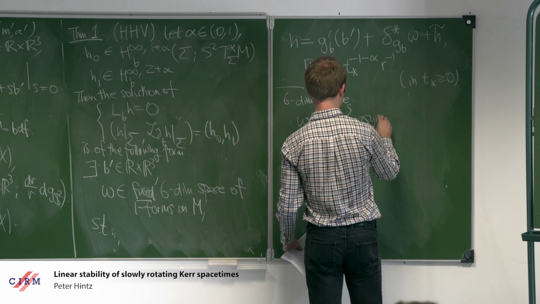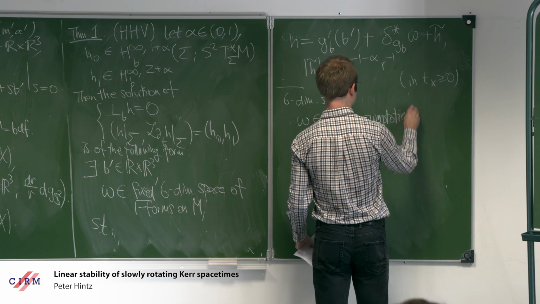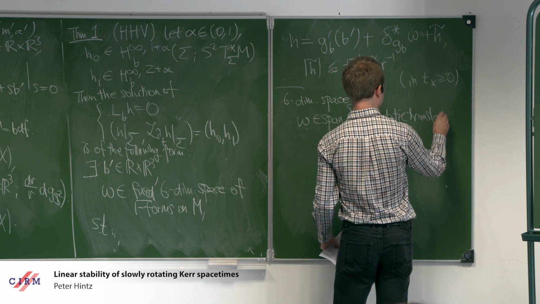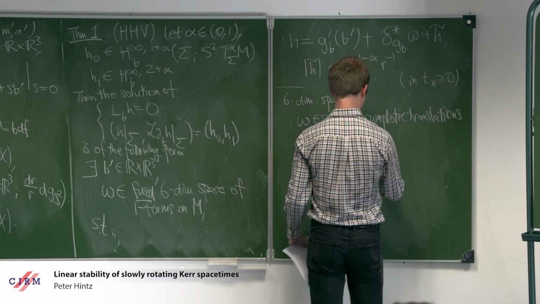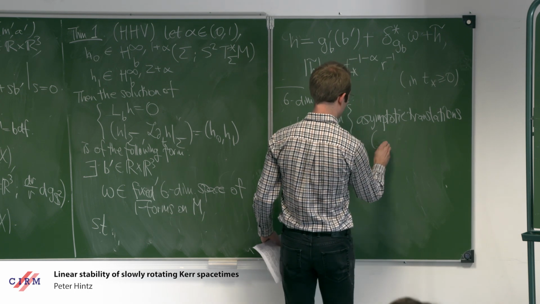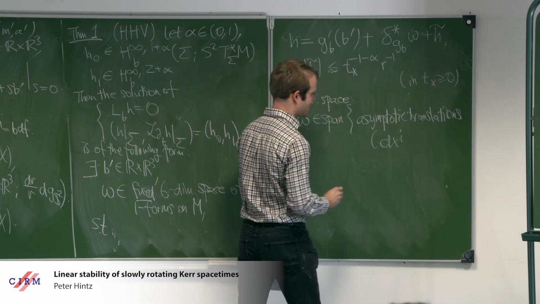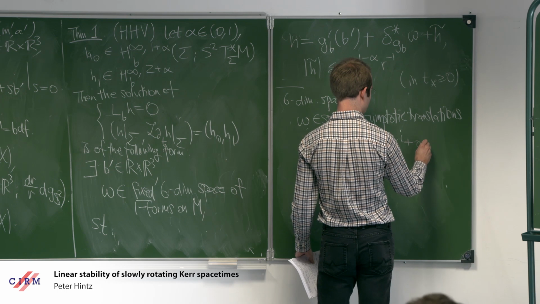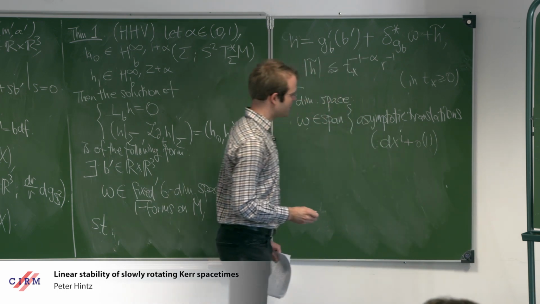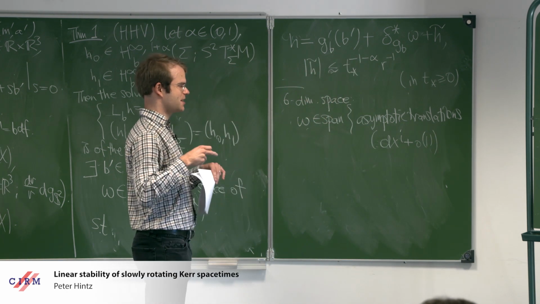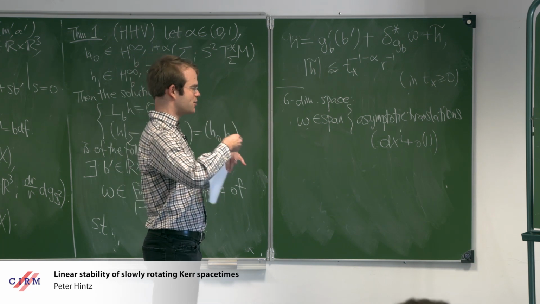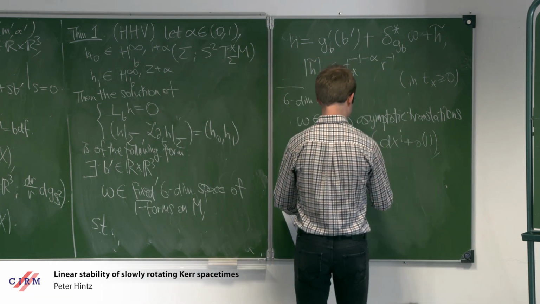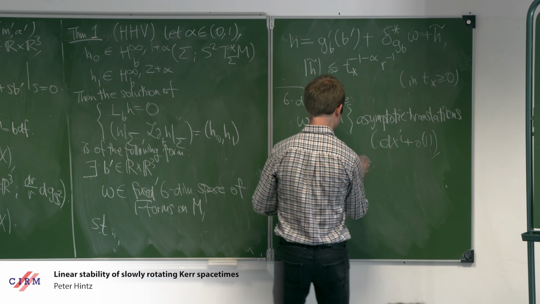So I'll call it asymptotic translations. By which I mean omegas which are of the form dx^i plus some decaying stuff. Okay, so these are basically one forms or vector fields that just translate in a certain coordinate direction. So that's a 3-dimensional space, and then you have also asymptotic boosts.